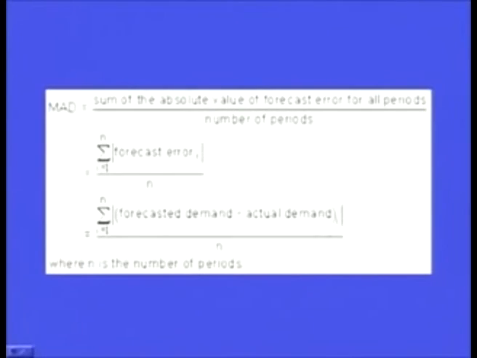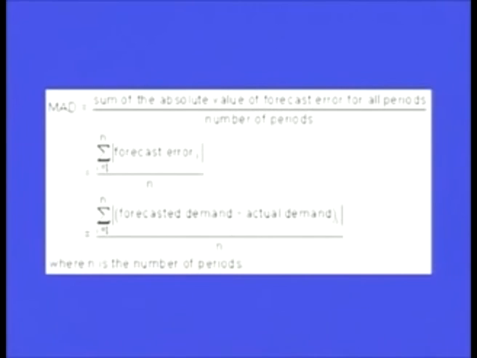Now suppose after 2009 there was a sale of 4,500 cars only. So the actual demand for the year 2009 was 4,500. The forecasted demand was 5,000, so 5,000 minus 4,500 is the difference between the forecasted and the actual demand for 2009.